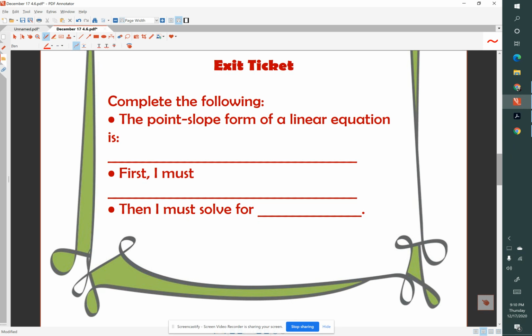The point-slope form of a linear equation is y minus y sub 1 equals m times the quantity of x minus x sub 1. First, I must distribute, and you're distributing the m value.